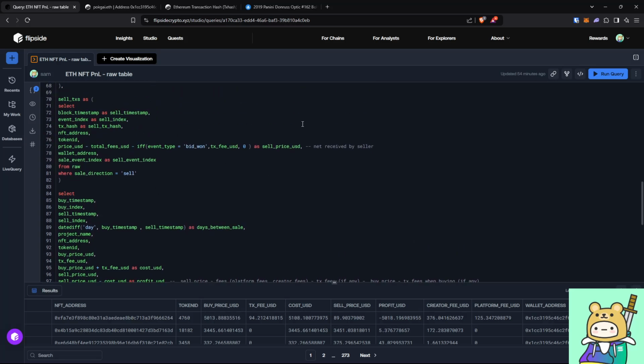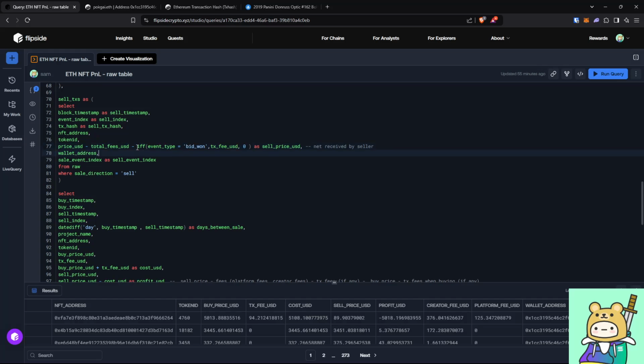Another small thing I'm noticing here is that the transaction fee should also be accounted for here. So that's an improvement, I would say. I want to get the transaction fee from sales where the seller accepts the offer into here.